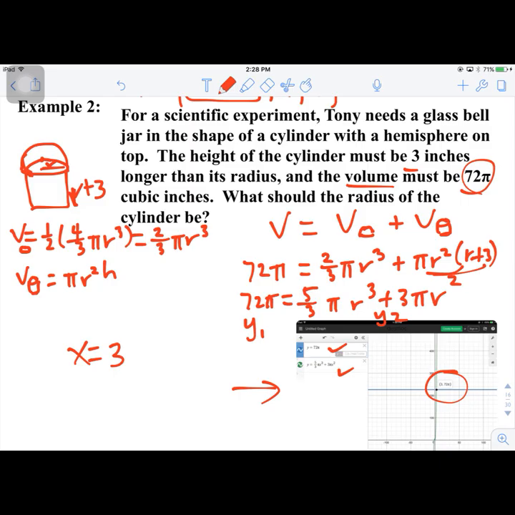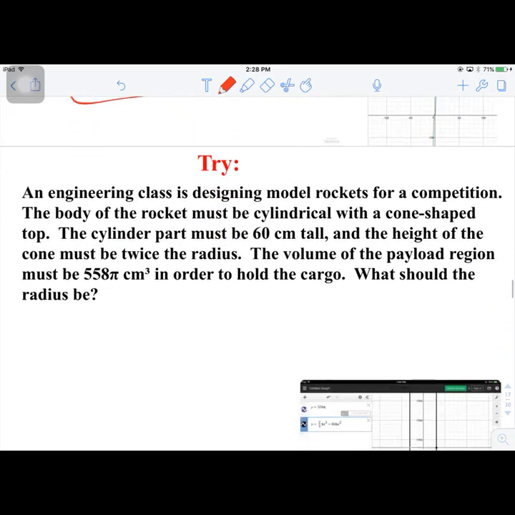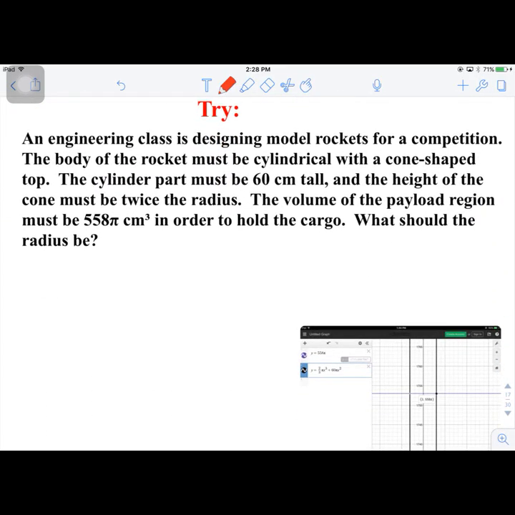And so we know that the radius is going to equal 3 inches. And that is the dimension for the radius.